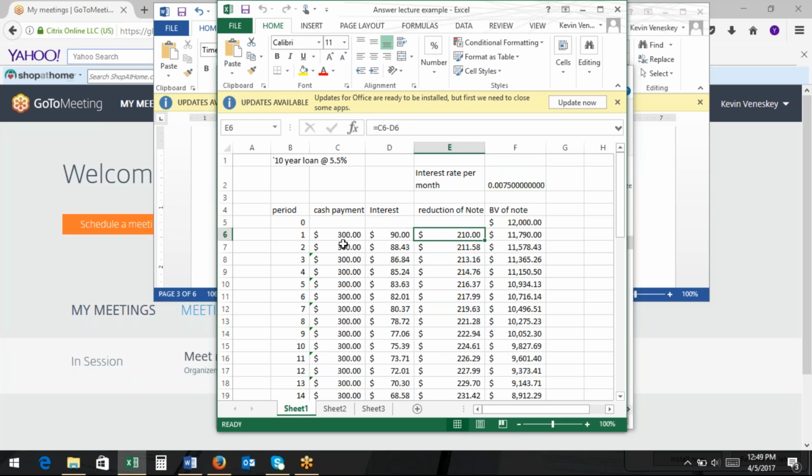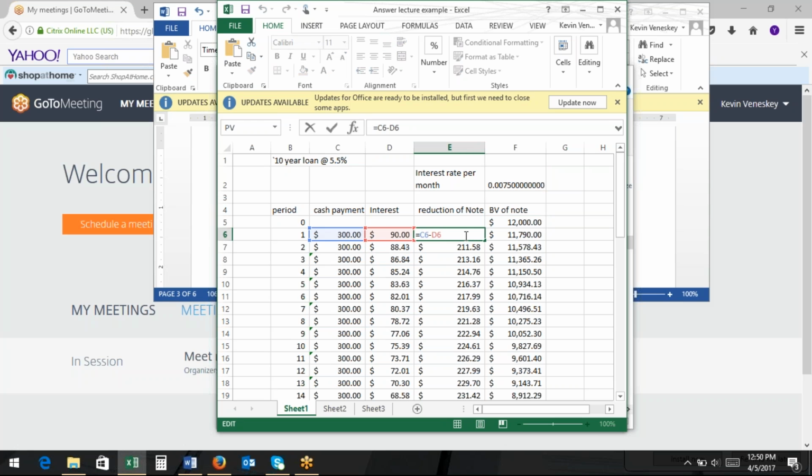So let's see how I did it here. We had a cash payment, $300. I just easily typed that in. Interest, I equals PRT. Well, here the R and T are summed up into one box now, the rate and the time. All I've got to do is get the principal amount. So this box times this box gives me my interest of 90 bucks, which I already figured doing it the long way.